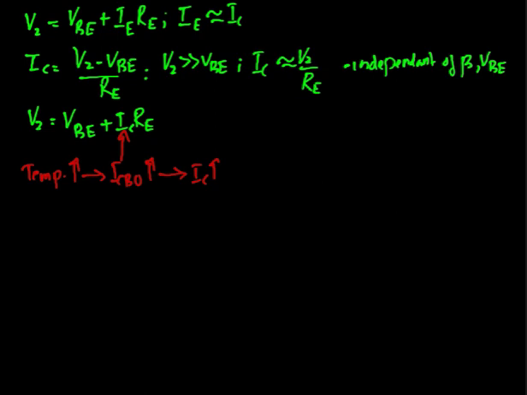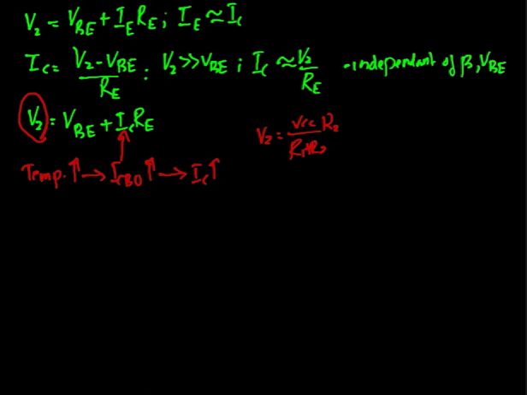But according to this equation, when IC increases, V2, which is independent of IC, because V2 is given by VCC divided by R1 plus R2 into R2, does not depend on IC, so V2 has to be constant.